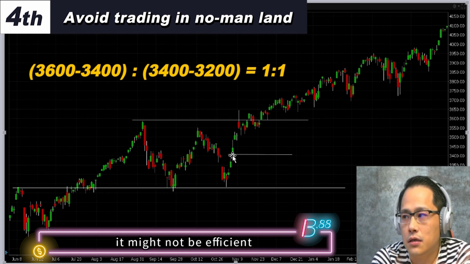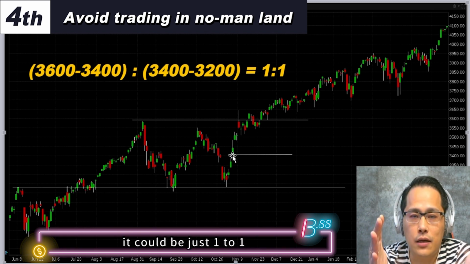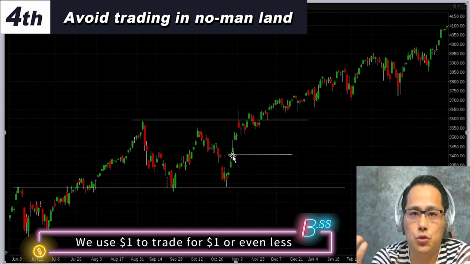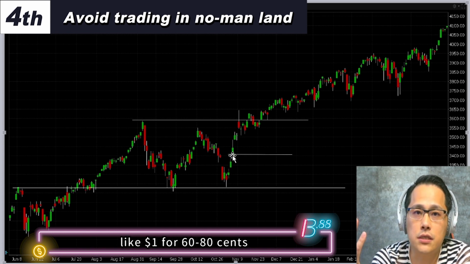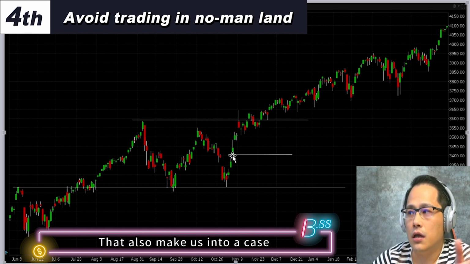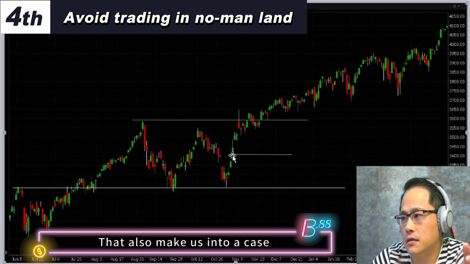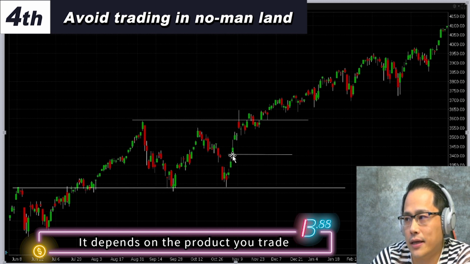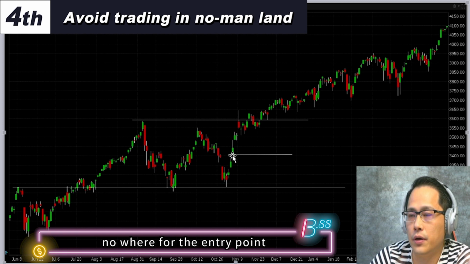In this case, it could be just like 1 to 1, where we use $1 to trade for $1, or even less, like $1 for just 60 to 80 cents. That wouldn't be efficient, and it also puts us in a case where we don't have that much to lose. It depends on the products you trade, if the entry point is in the middle of nowhere.